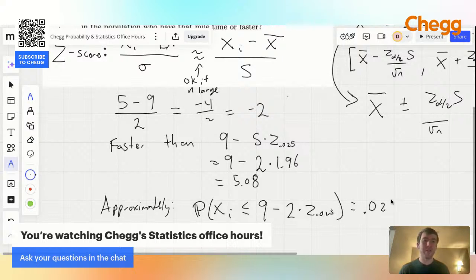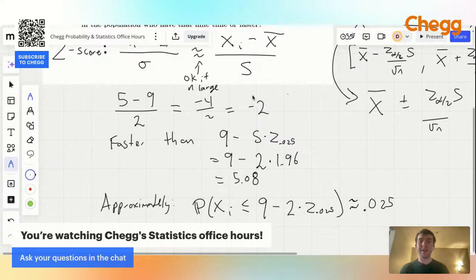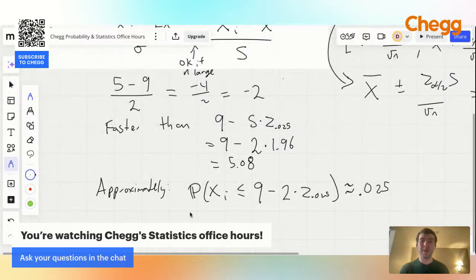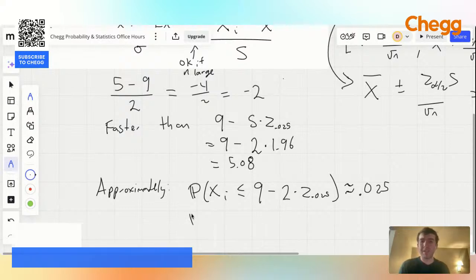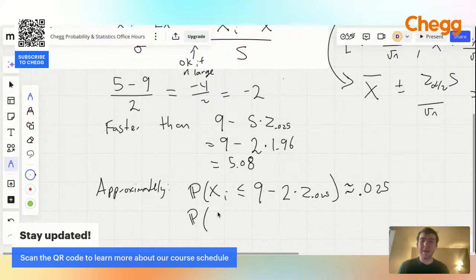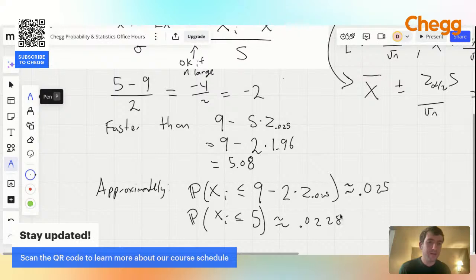We know that 5 is less than that, so the probability that you are quicker than 5 is less than 0.025. If you plug it in, given these normality assumptions, the probability that xi is less than or equal to 5 is about 0.0228. Sorry, so that is 2.28%.